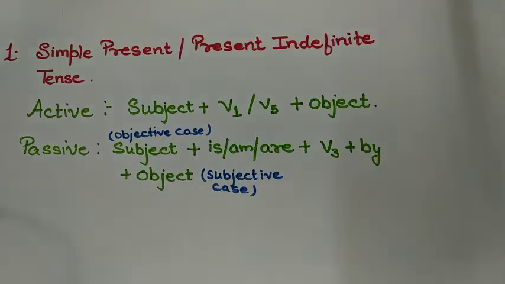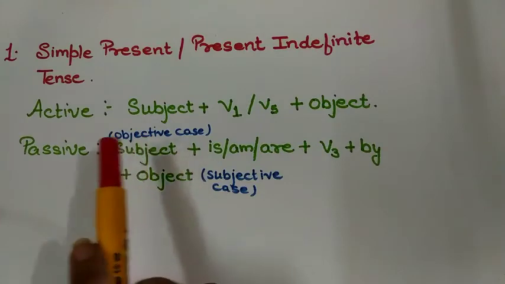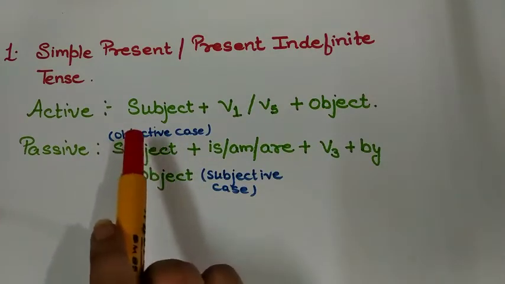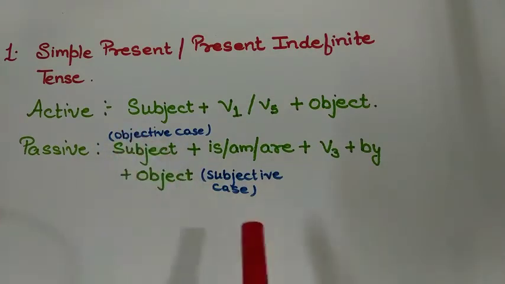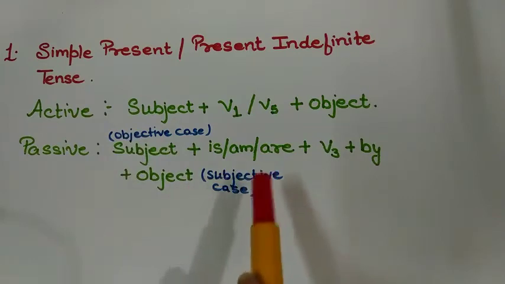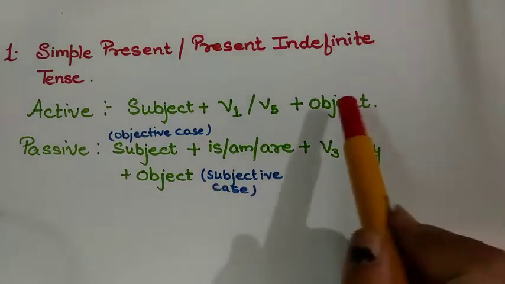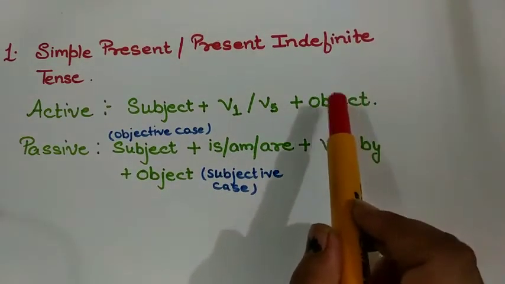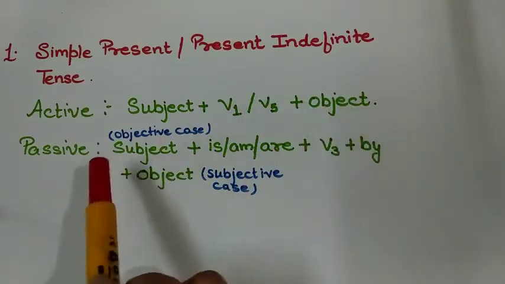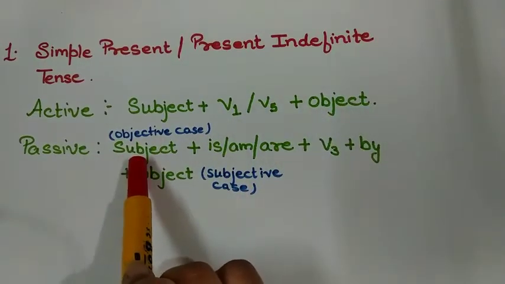You must be thinking that I have written in blue that subject in objective case and with object I have written subjective case. As I already told you in my previous video, this object from the active voice will become the subject of the passive.